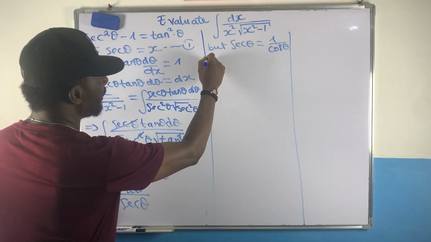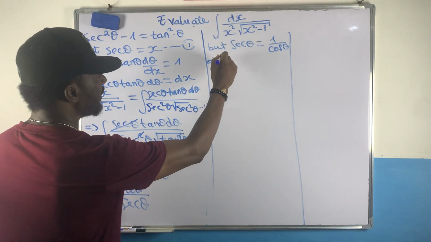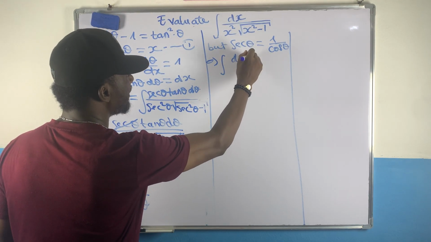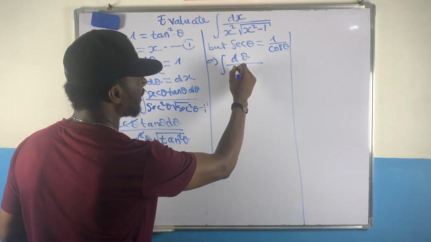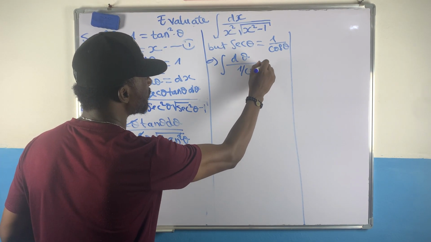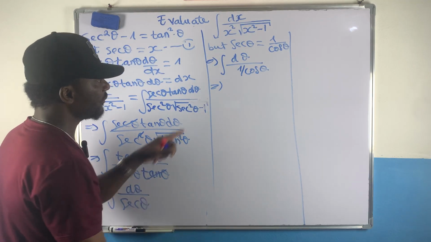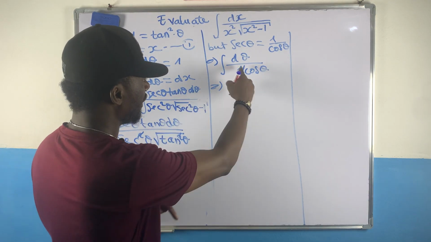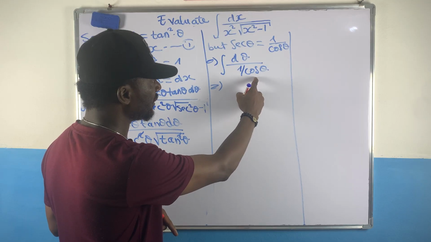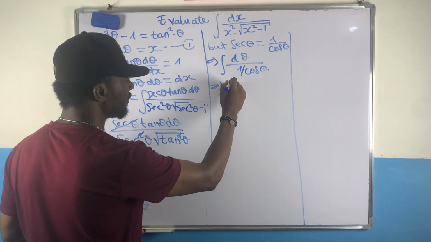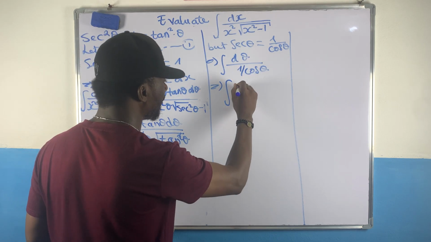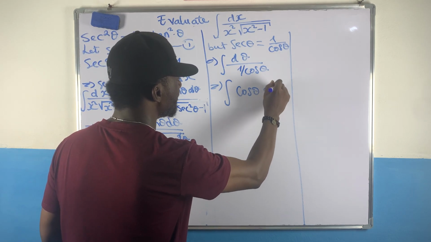So our integral now becomes the integral of d theta divided by, in the place of sec theta, 1 on cos theta. Now, because of the division sign, and we have 1 all over cos theta in the denominator, we are going to invert. So when we invert, cos goes up, and it becomes cos theta d theta.